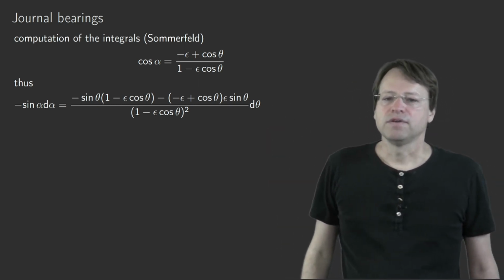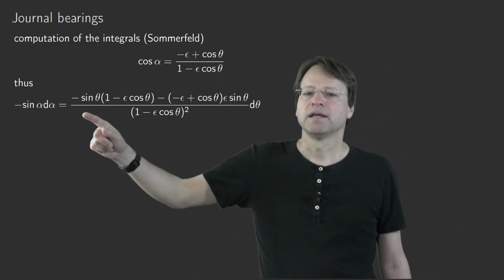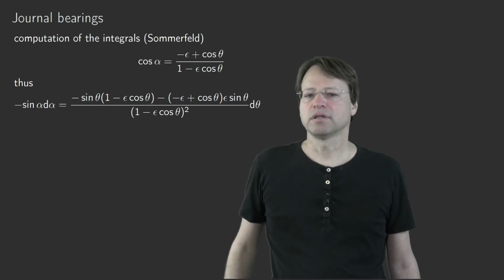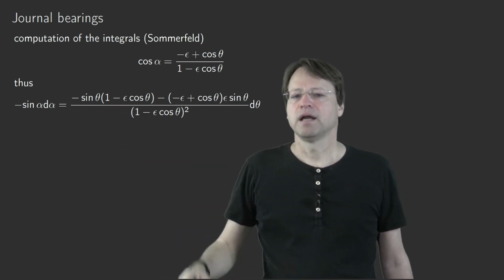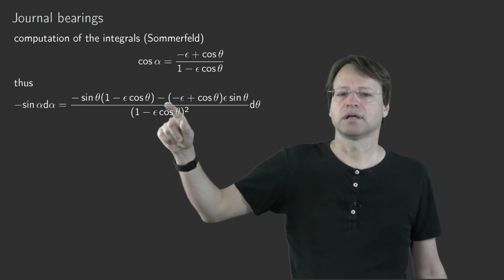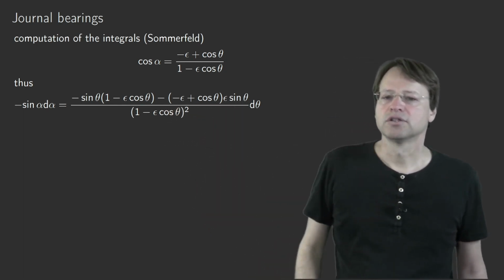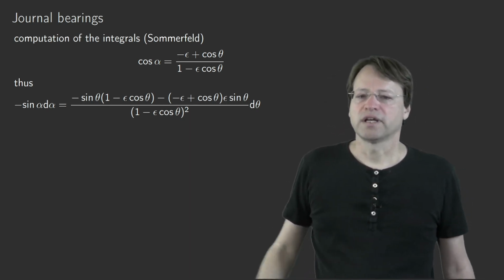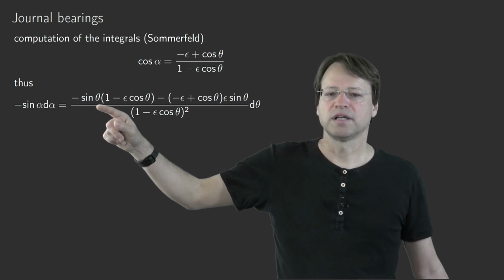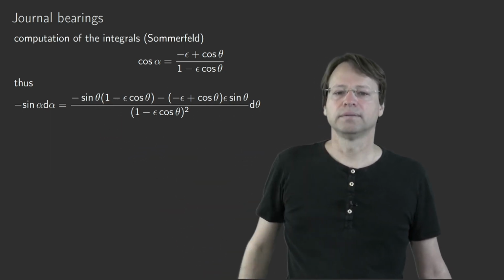If you sum up these terms, then you see there is a mixed term in sine theta cosine theta, namely with the positive sign here, and it appears here with a negative sign, minus cosine theta epsilon sine theta. So that term will cancel. The only effect we get is from the first term, we get sine theta times 1.